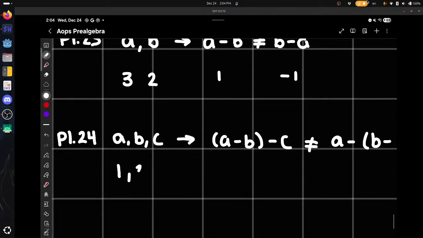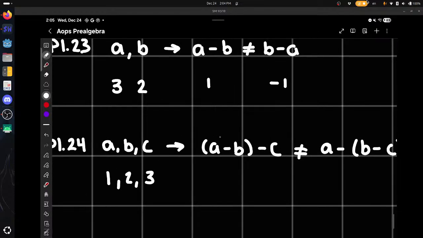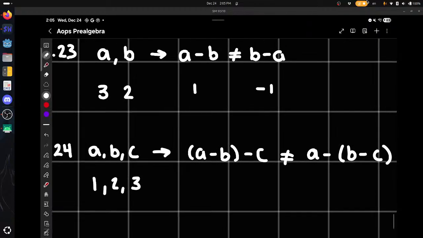I'll just do 1, 2, 3 and see what happens. So that's -1. So -1 minus 3, so it'll be -4.